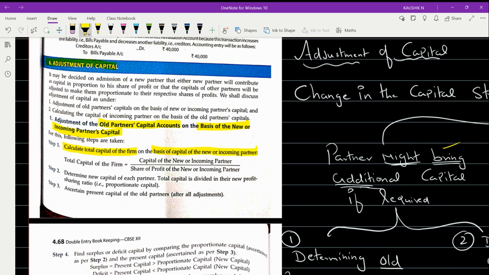This is the formula: total capital of the firm is calculated as the capital brought in by the new or incoming partner divided by the share of the new or incoming partner.